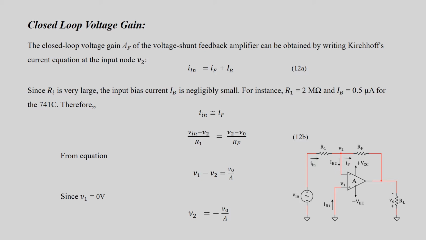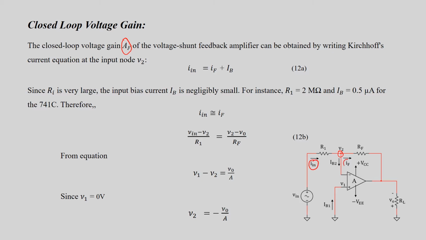So the closed loop voltage gain AF of voltage shunt feedback amplifier can be obtained by writing KCL or Kirchhoff's current law at node V2. We can see this node V2 in this circuit. Now here the input current In is divided into two parts, IF plus IB.